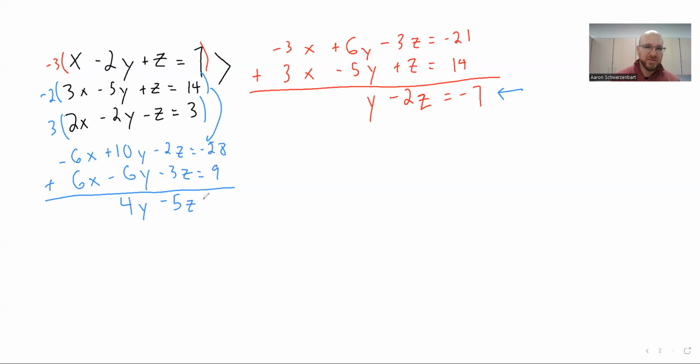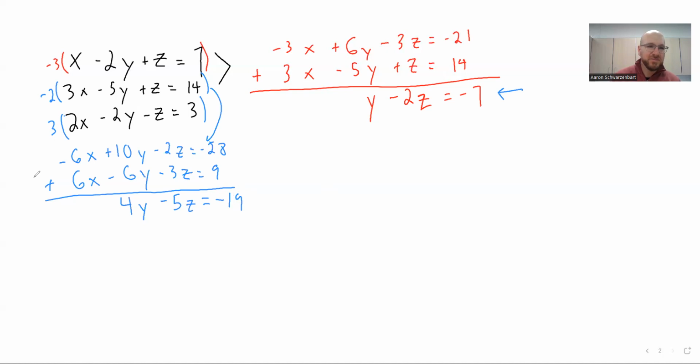And when I add them up, I get 4y minus 5z equals negative 19. They added different equations, so they have a different result.